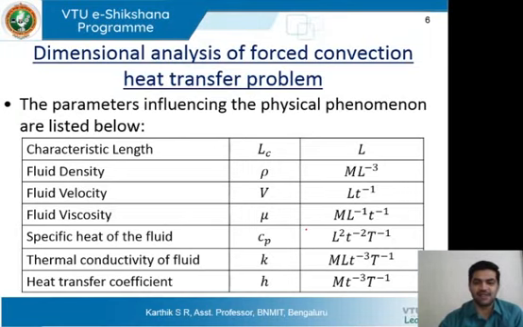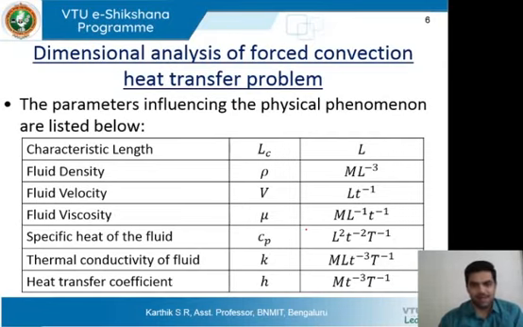This characteristic length L can be the length of the plate in an external flow problem, or if you take flow inside a pipe, it can be the diameter of the pipe. So depending on the problem, which can be either an internal flow problem or an external flow problem, the characteristic length changes.